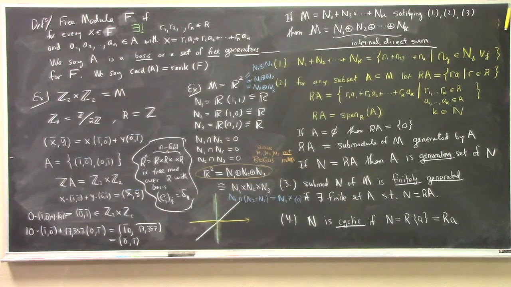Finding that in a systematic way is addressed by the Smith normal form, which is something like reduction to echelon form, except not just doing row operations; you do rows and columns. But more on that another day.